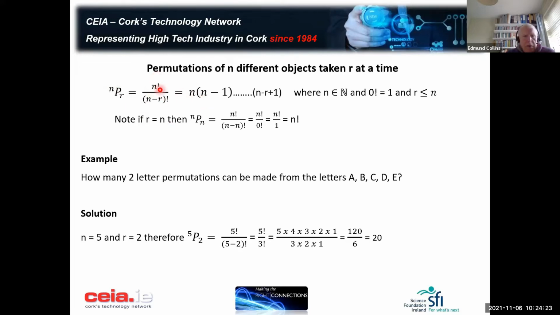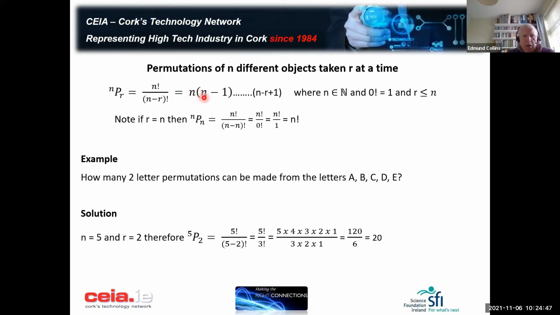So this is the definition: nPr equals n factorial divided by n minus r factorial, which equates to what we've looked at already.